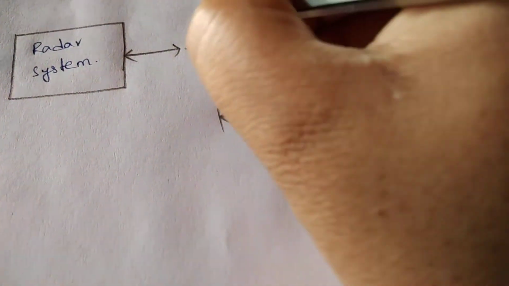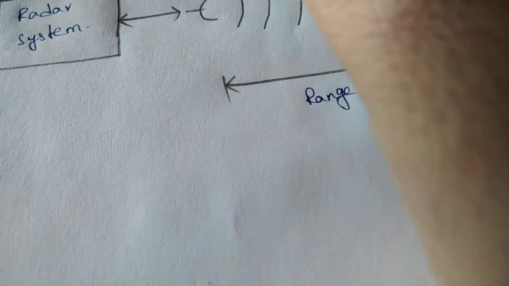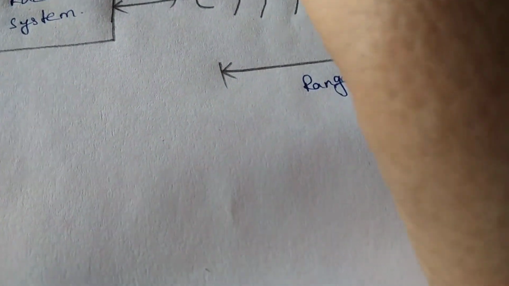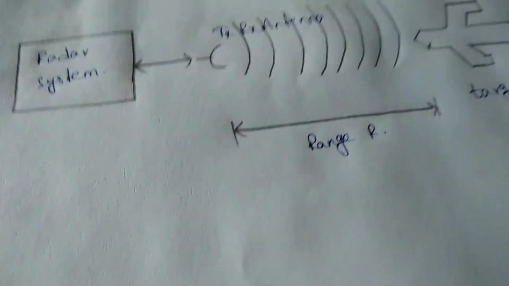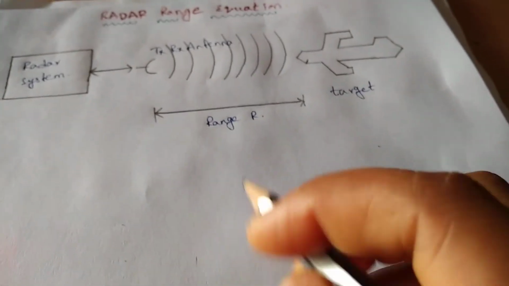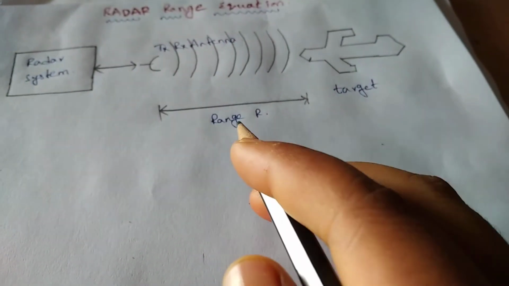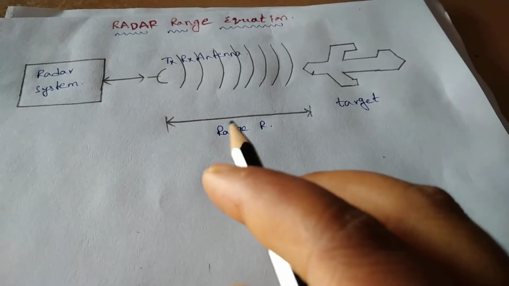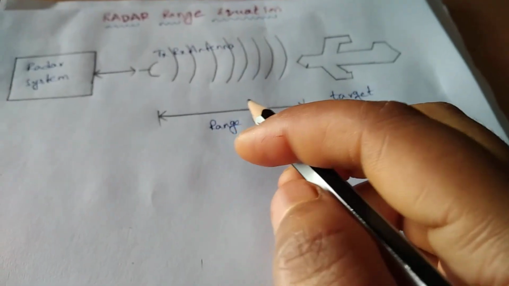The power density by an isotropic source at a distance R will be the transmitted power divided by the cross sectional area.